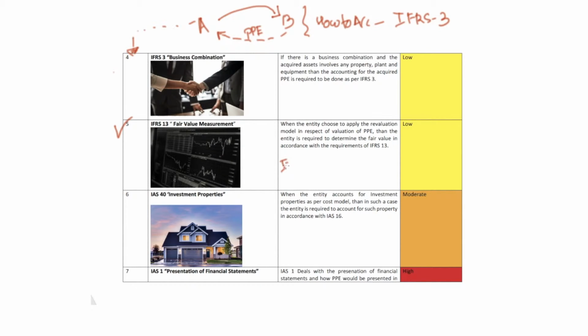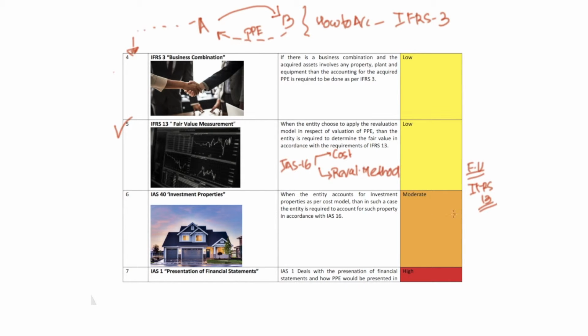Under IAS 16, an entity can go for either the cost method or the revaluation method in respect of subsequent measurement. In respect of the revaluation method, the fair value of the asset is computed based on IFRS 13.